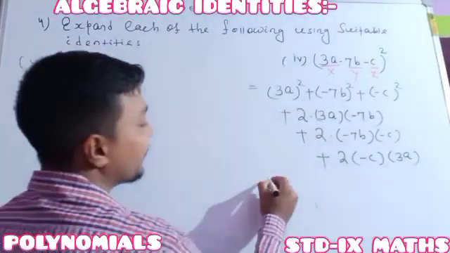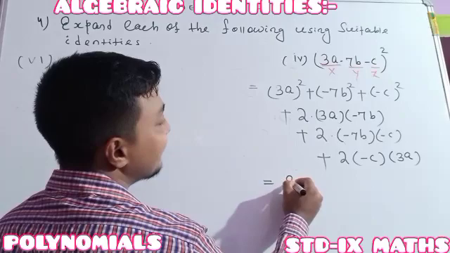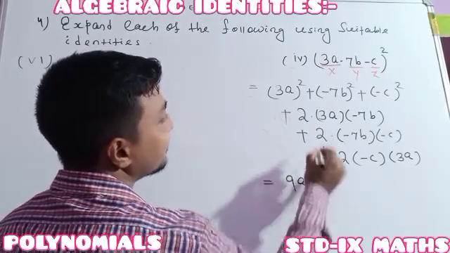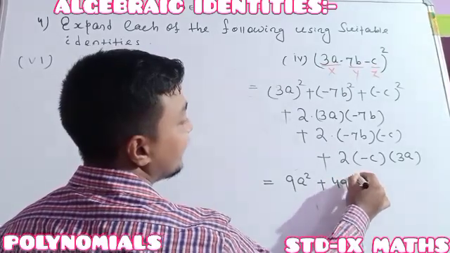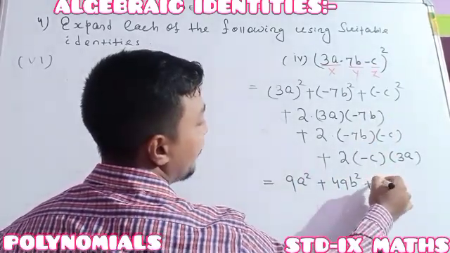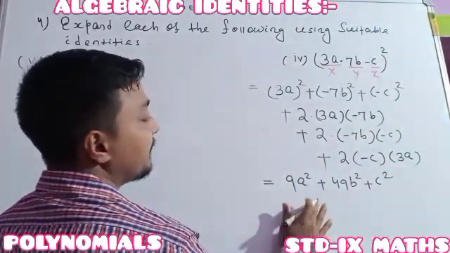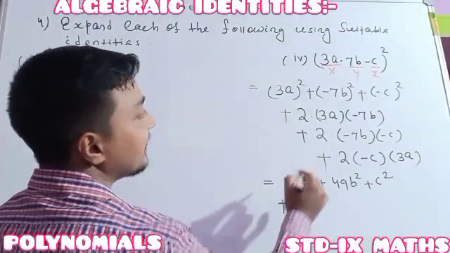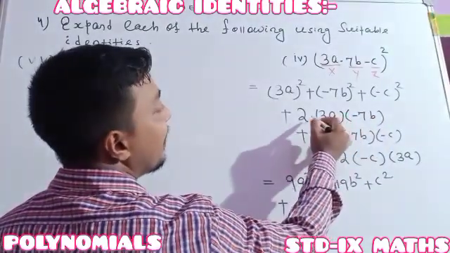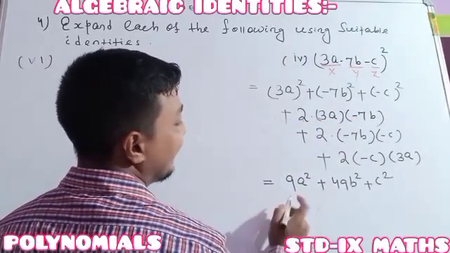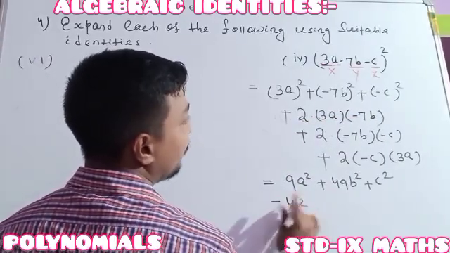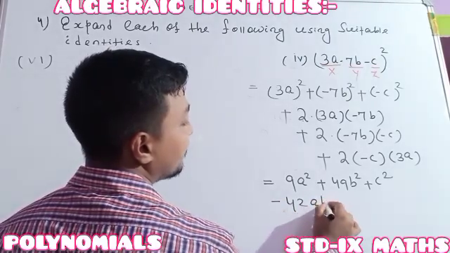See, opening the bracket, 3a square means 9a square. Here it is minus 7 square means 49 b square, minus c square means plus c square. Then after here it is, see, 7 3 is 21, 2 equal to 42. It means minus it is. So directly writing it as minus 42 ab.